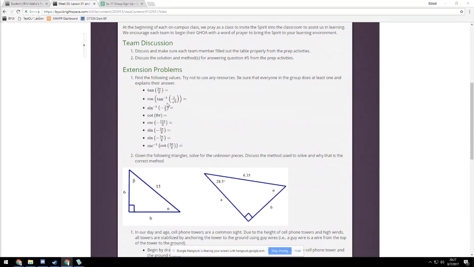So if we take the inverse of tangent 1 over square root of 3, then that's going to give us our, sorry, I'm trying to find my notes.